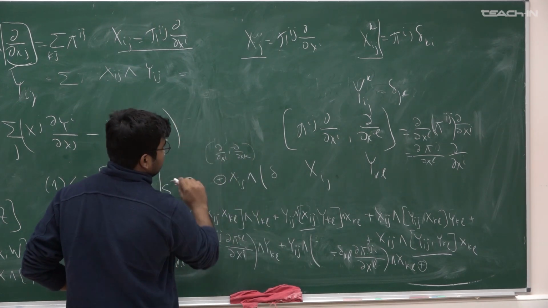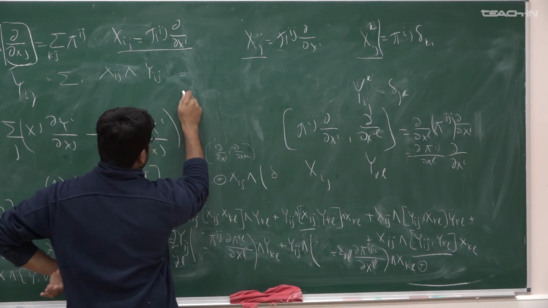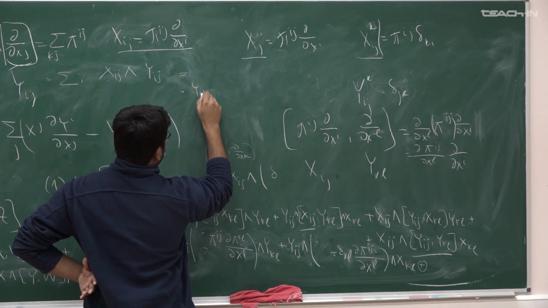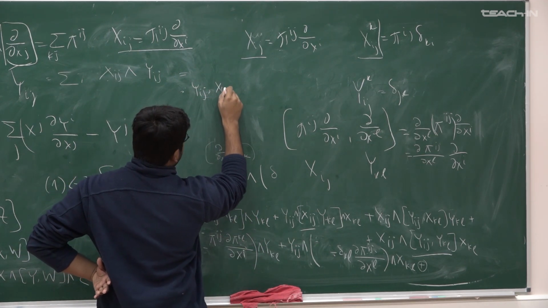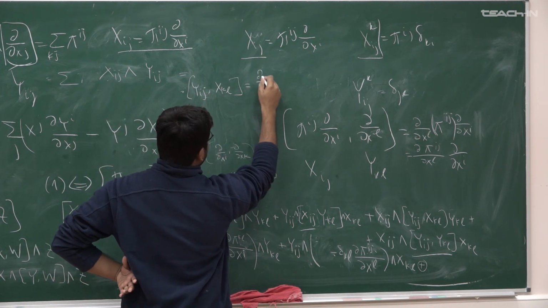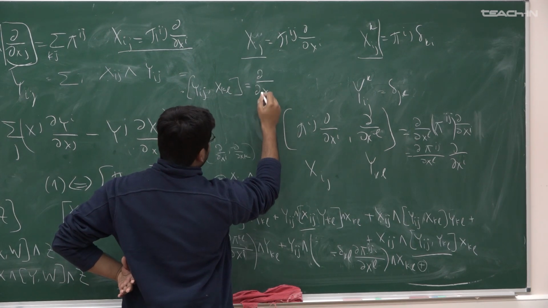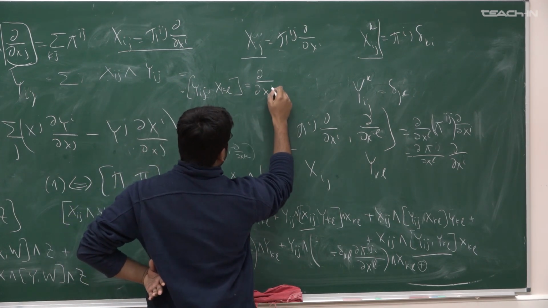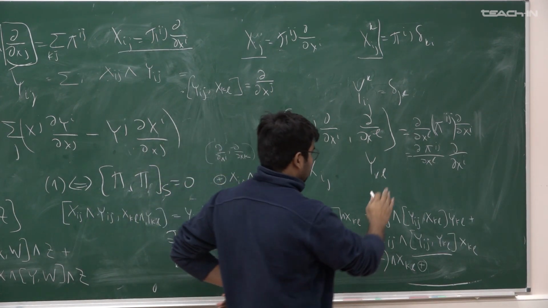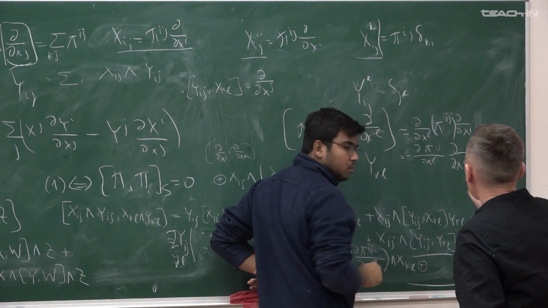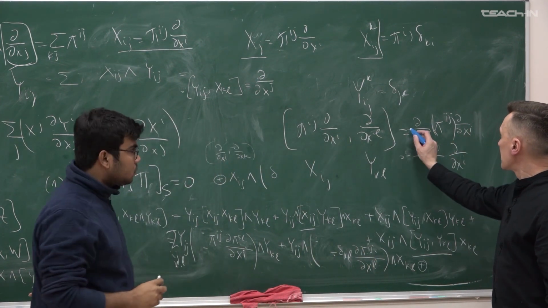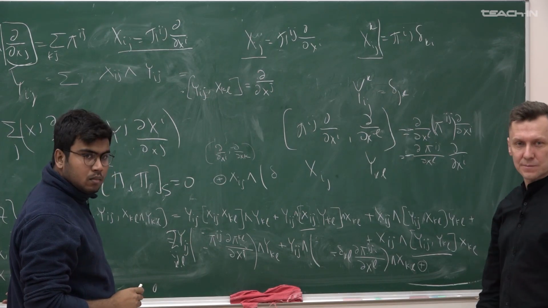Then let me write this term with y's, xkl. Right. So what is this? This is just xj. I think it's with a minus sign. Because here and here. Yeah. Thank you.